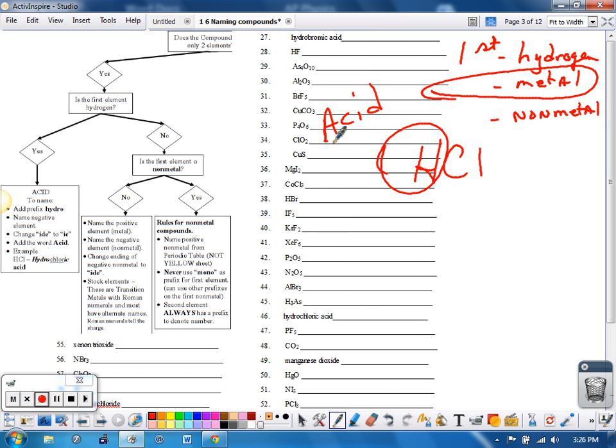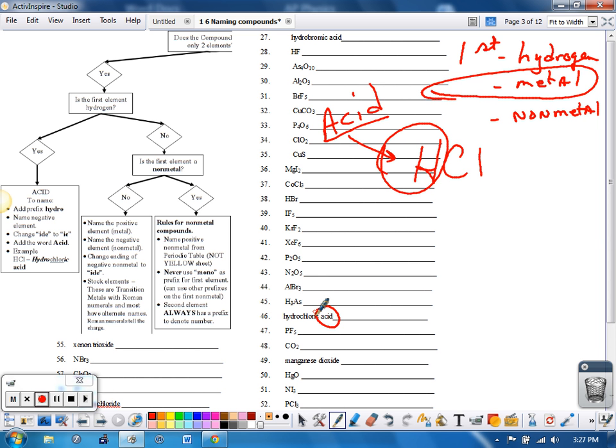As soon as I see acid, I say hydrogen. Those two go together, hand in hand. So if I give you a compound that has the word acid, like number 46, the first thing you think is I've got to put an H. So hydrogen and acid are hand in hand.